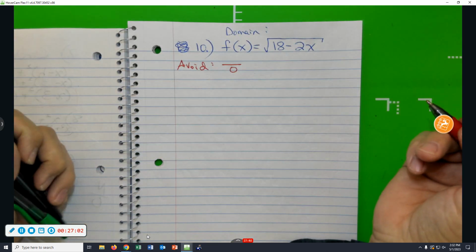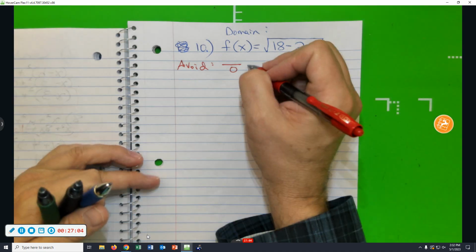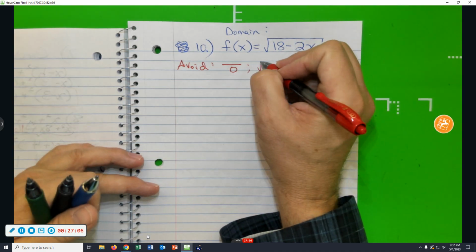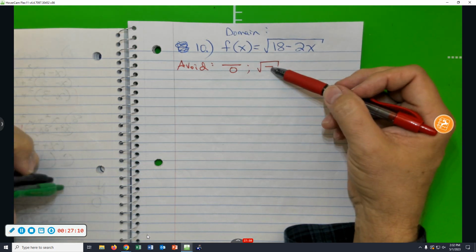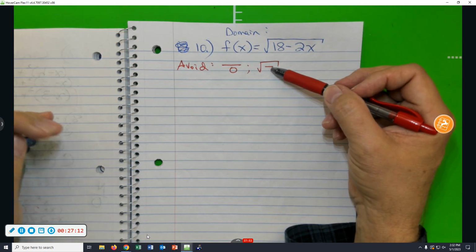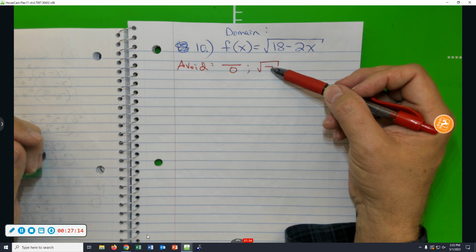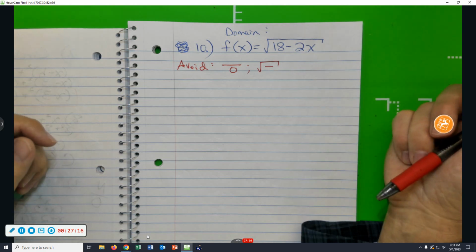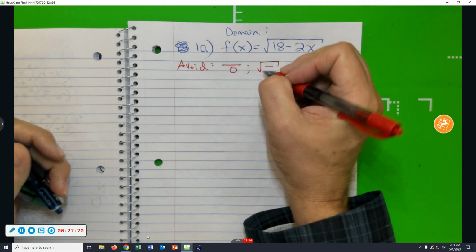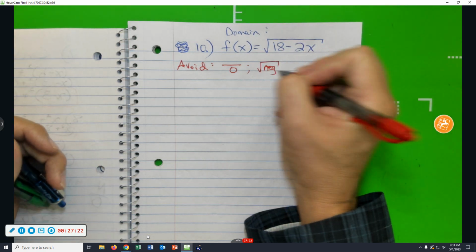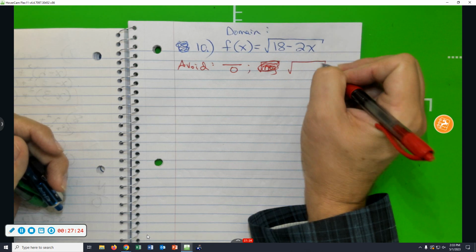We saw that in problem 9. The other thing you have to avoid is negatives under square roots, because if you have a negative number under a square root, you get an imaginary number. That almost looks like a fraction bar. Okay, NEG. Well, I'll write it like that.